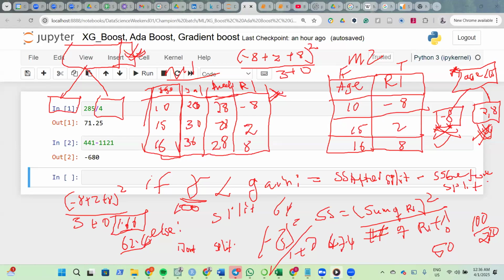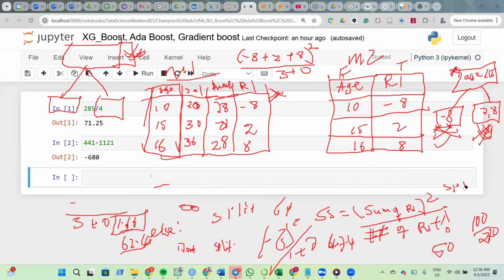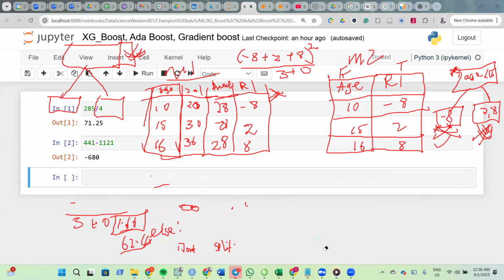Now, the last thing here is that once it does this, the way it calculates its final prediction is not like we know for gradient descent. For XGBoost, it calculates it using a different formula, and that's the last thing I'm going to be teaching today.